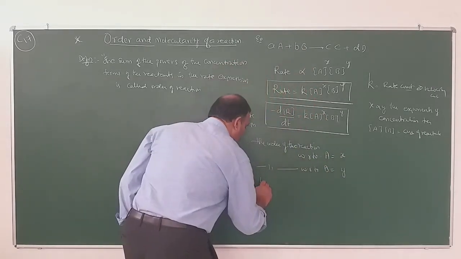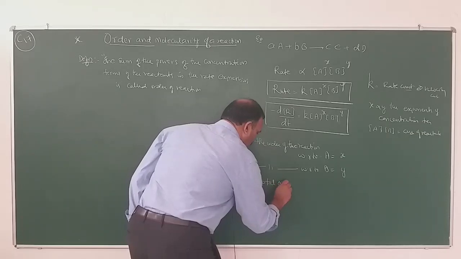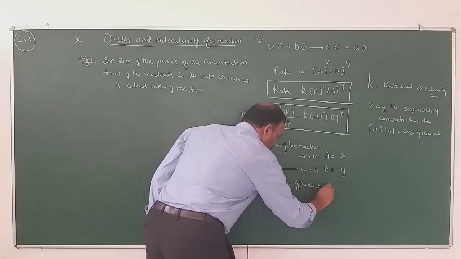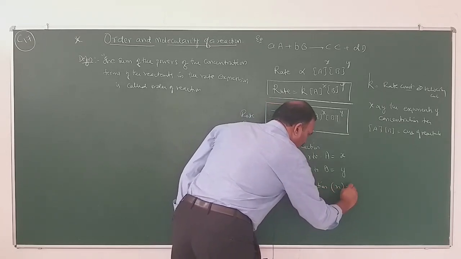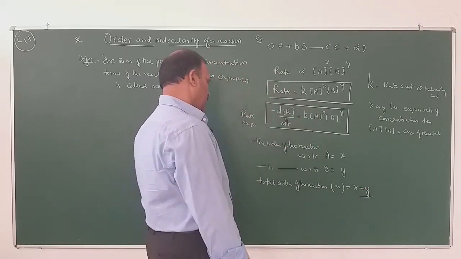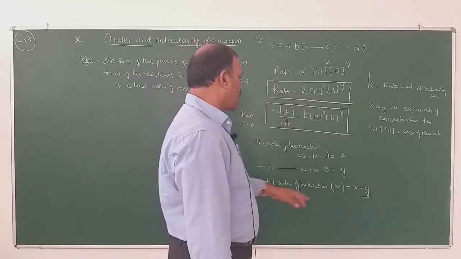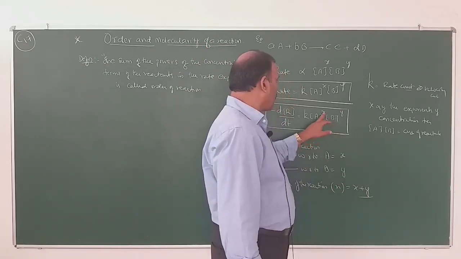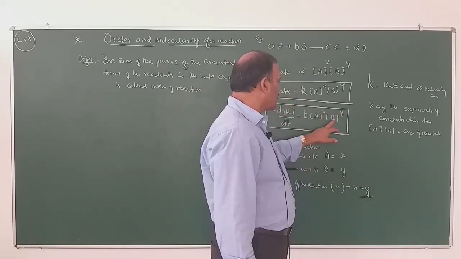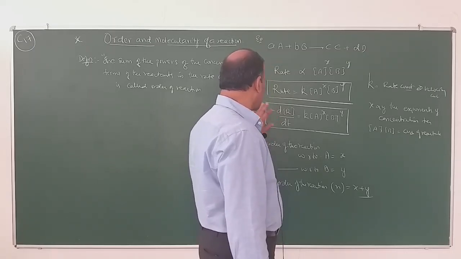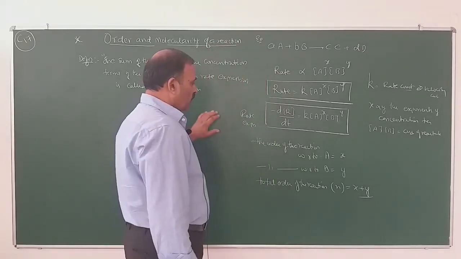Then what is the total order of this reaction? Total order of the reaction, represented as small n, is equal to x plus y. So this is the definition. x and y are the powers of the concentration terms in the experimentally determined rate expression, and their sum is called order of reaction.